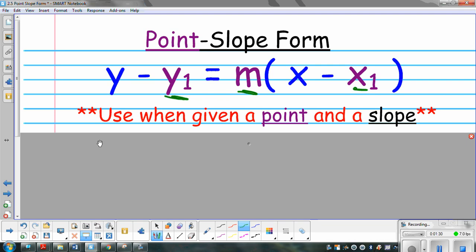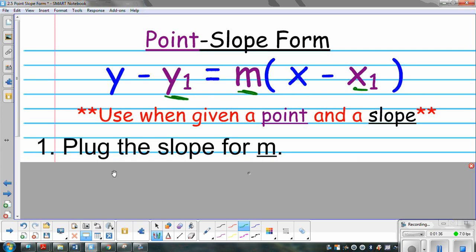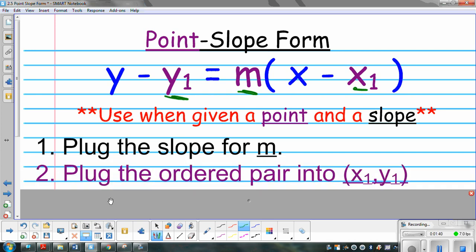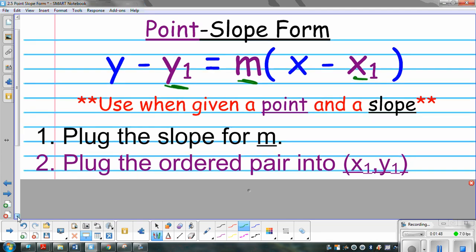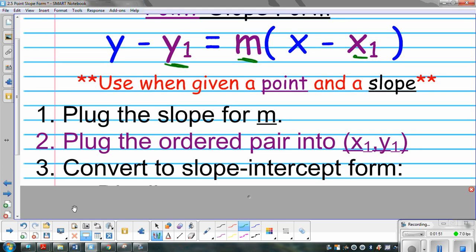And just a reminder that you use a point-slope formula when you are given a point and a slope. First thing you're going to do is plug in the slope for the m, and then you will plug in the ordered pair into the x sub 1 and y sub 1. Once we have those subbed in for those three purple values, then we will simply convert to slope-intercept form.